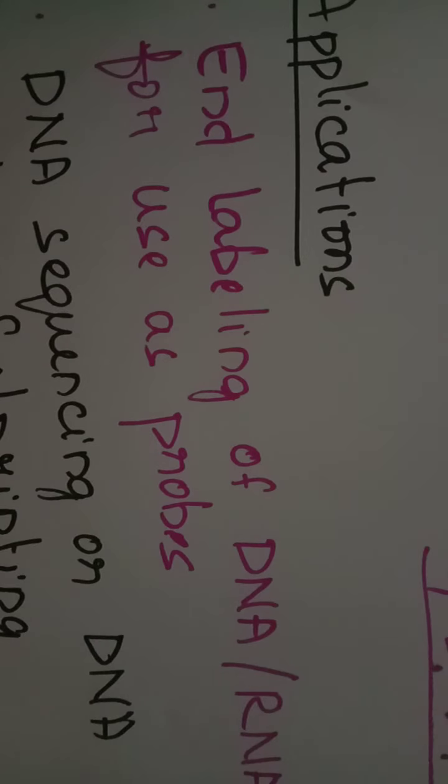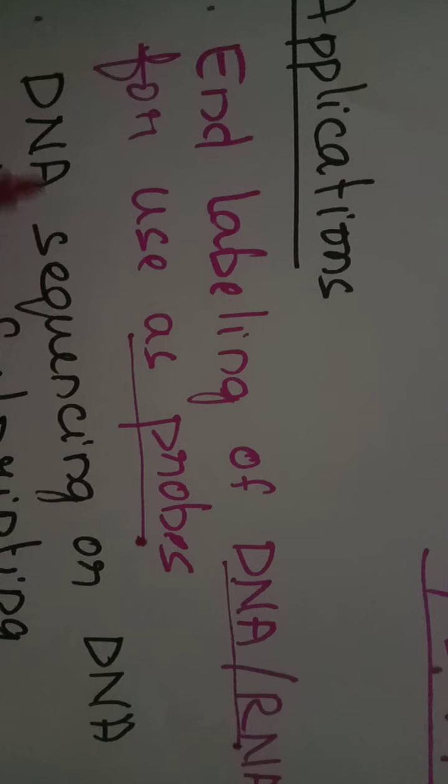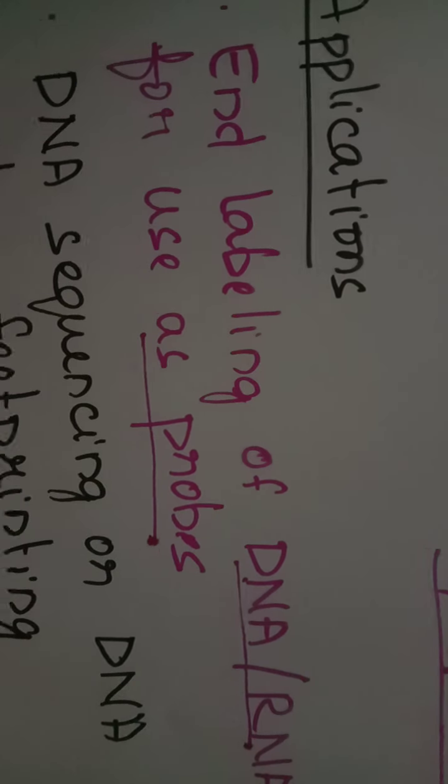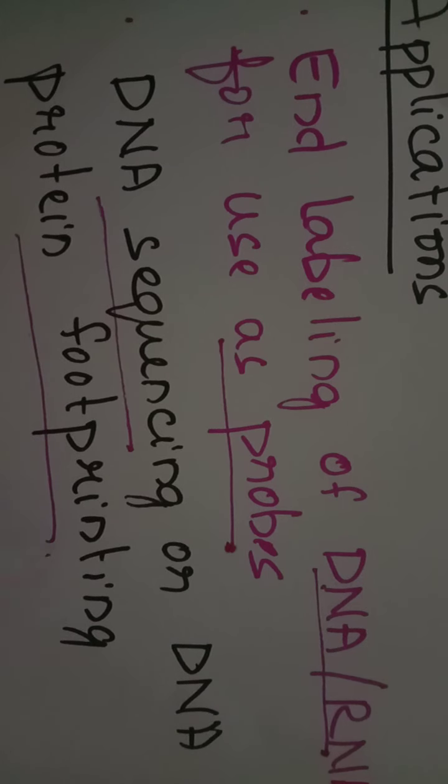Because it is added at the end, we can use it for end labeling of DNA or RNA. This end labeled DNA or RNA can be used as probes for DNA sequencing or DNA footprinting techniques. So this is regarding the DNA modifying enzymes.